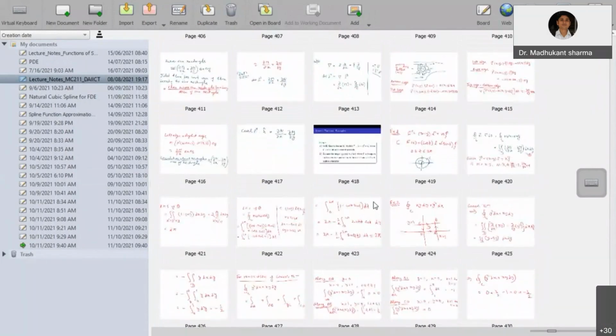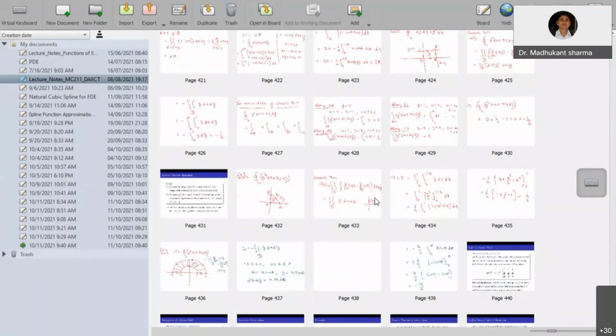Now here you will get an idea of how to find the area of the region bounded by the curve using the line integral.